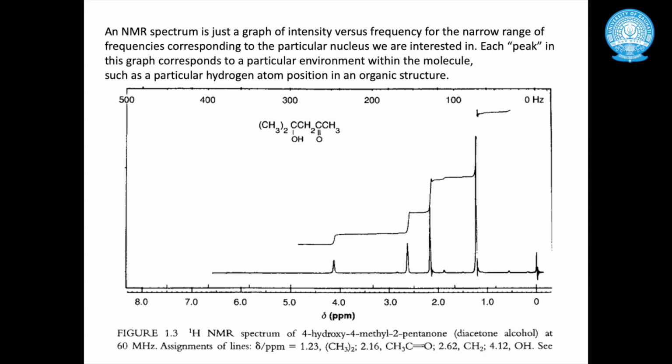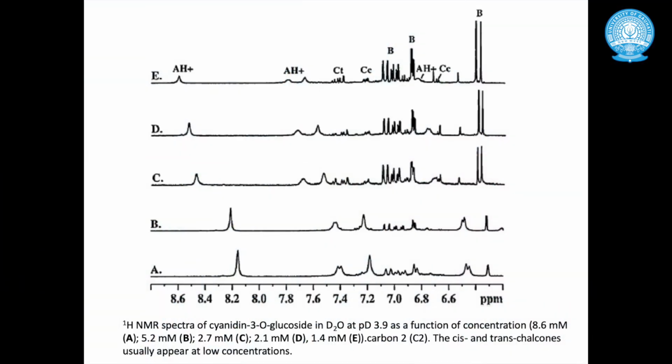Now in the next slide, what you see is the proton NMR spectra of cyanidin 3-glucoside in deuterated water at pD 3.9 as a function of concentration.